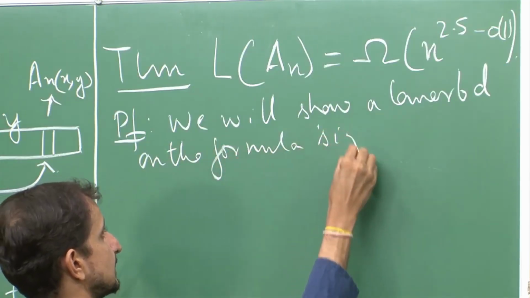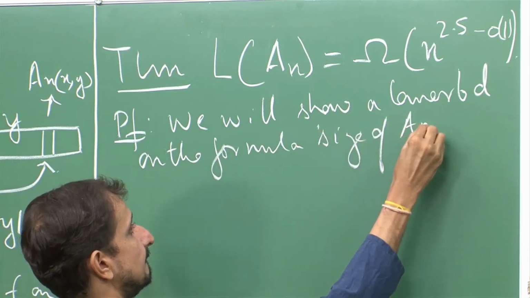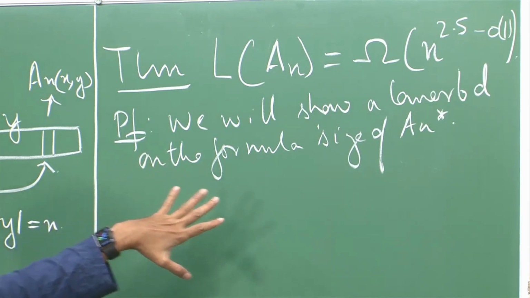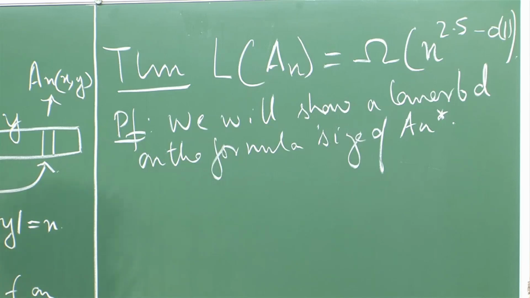So, we will show a lower bound on the formula size of A_n star, and that will give us this bound.